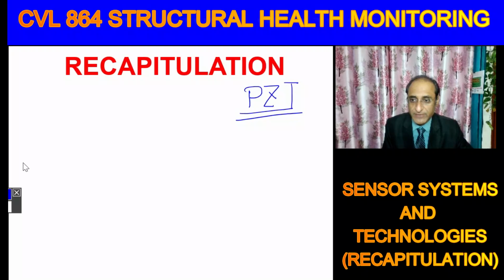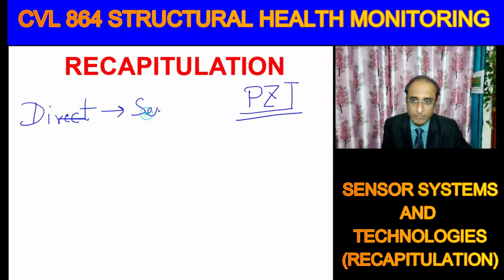One is the direct effect and the other is the converse effect. What is the direct effect? The direct effect is the sensor effect. And what's the converse effect? It's the actuator effect.